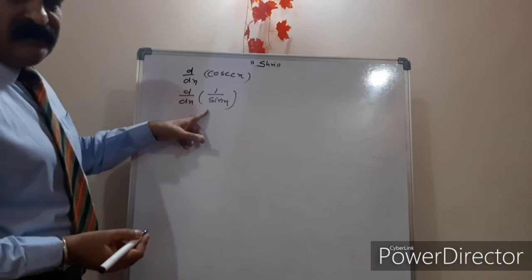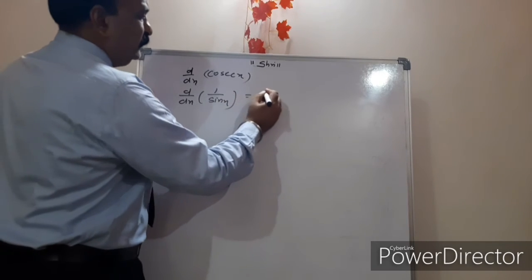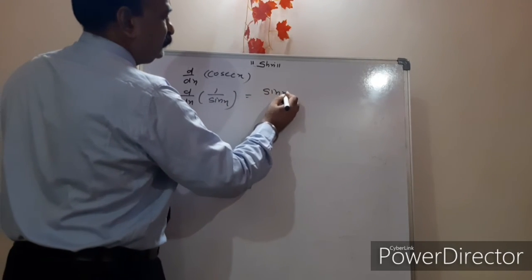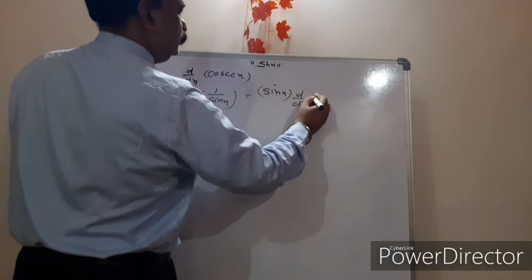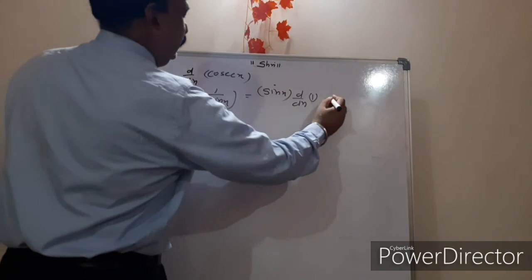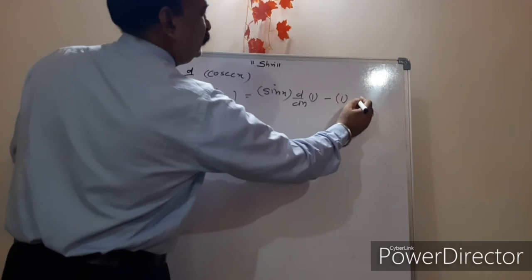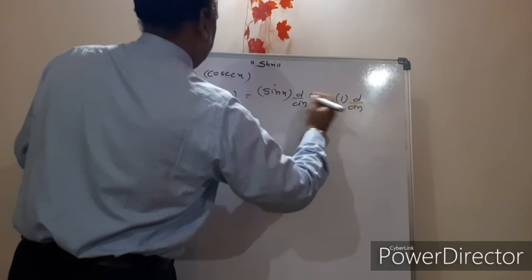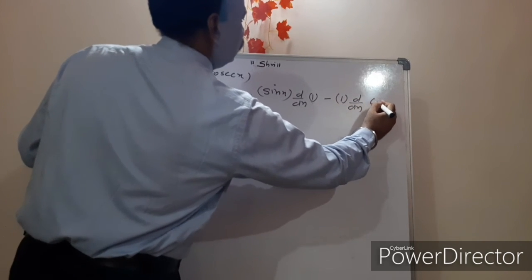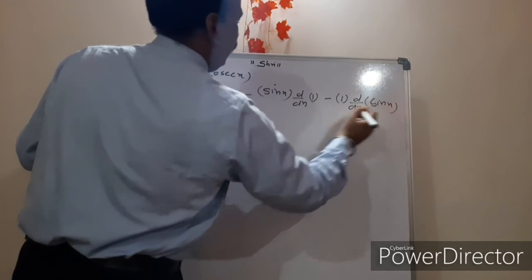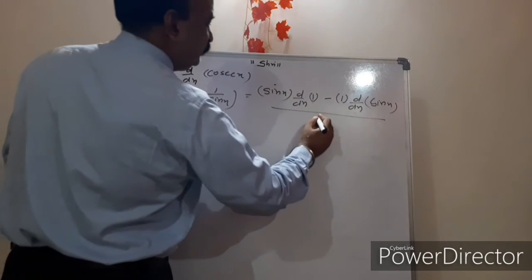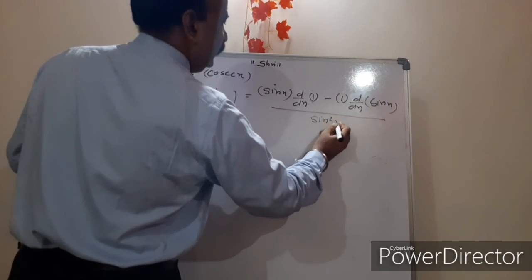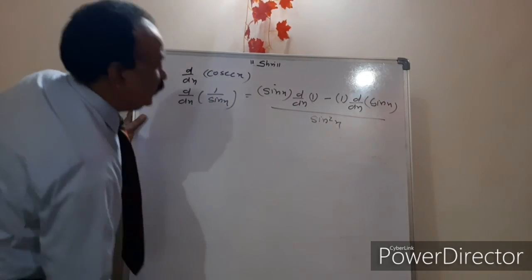Now the denominator is sin x, so leave the denominator: sin x into d/dx of 1, minus leave 1, d/dx of sin x, upon the denominator square, sin square x. d/dx of 1 is a constant term, so it is 0.